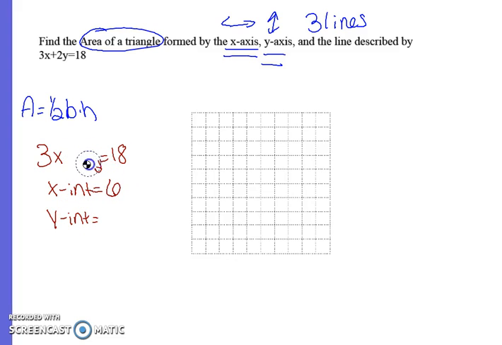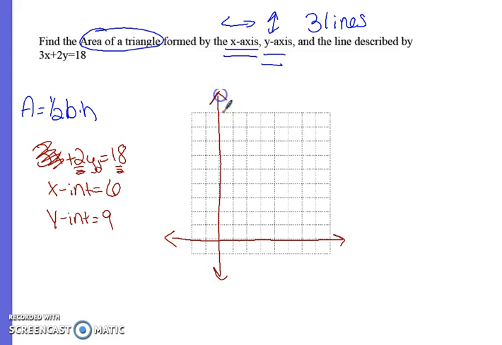Let's get that y back there. It was plus 2y. Cover up your x, divide by 2, and your y-intercept is going to be 9.